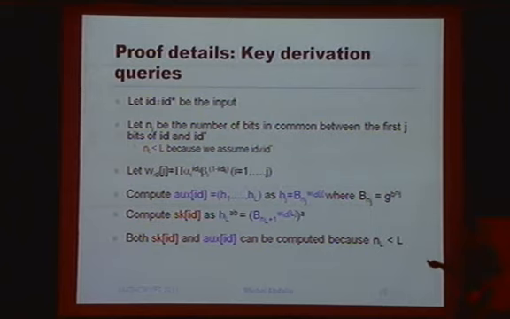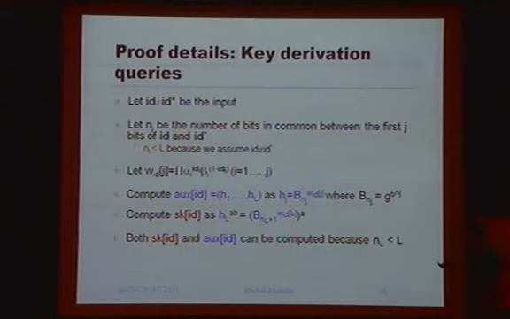Since we're considering inputs of size L, ML is the number of bits in common between ID and ID star. And because we consider ID different than ID star, ML is definitely less than L.